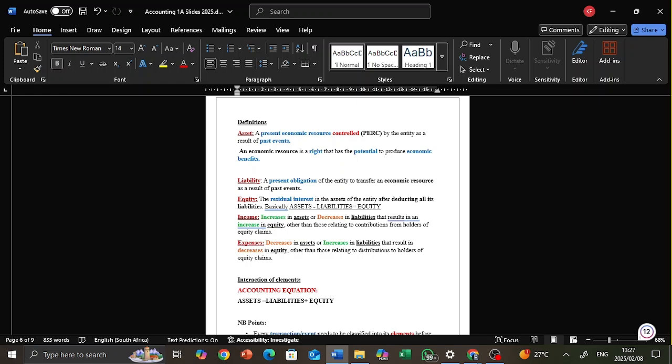If I tell you equity is the residual interest, do not assume that it's the same as something else from high school accounting, because it will not help you in your papers if you write retained income. You have to follow the new standard that is being presented to you through the conceptual framework.